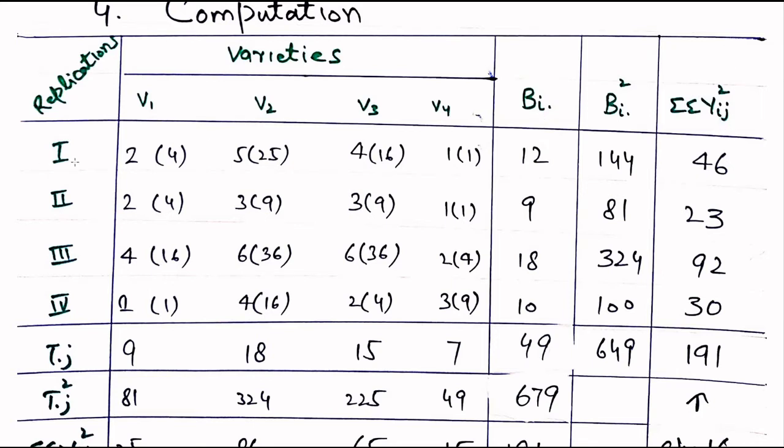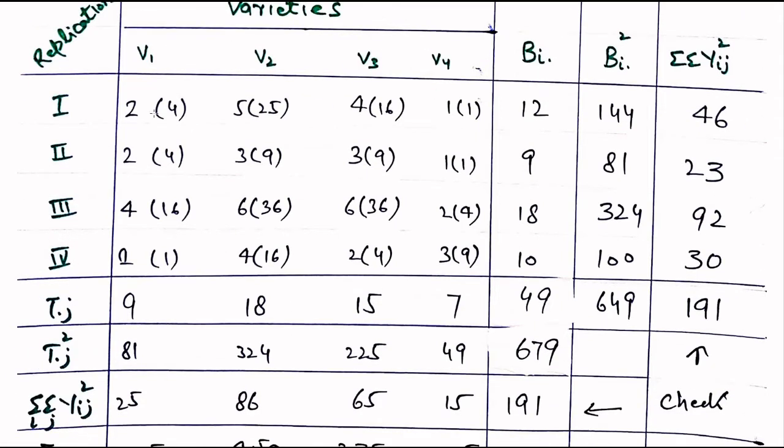Here adding the square terms, 4 plus 25 is 29, 29 plus 16 is 45 plus 1 is 46.